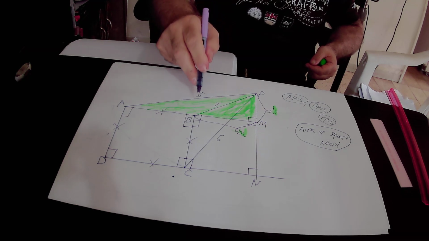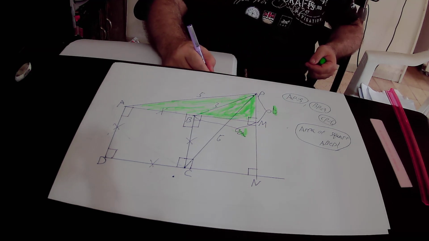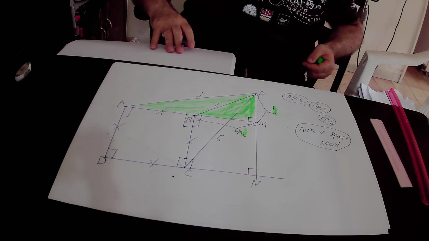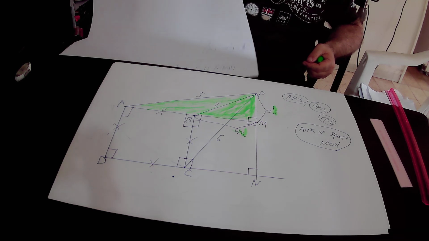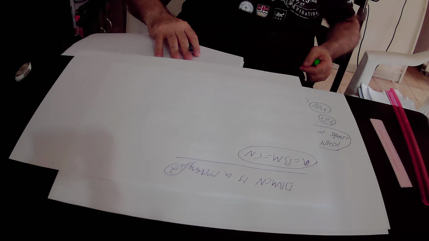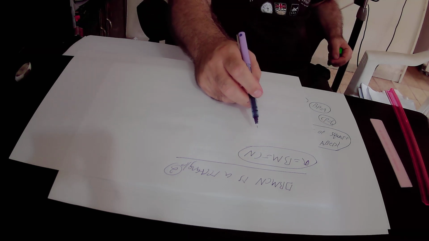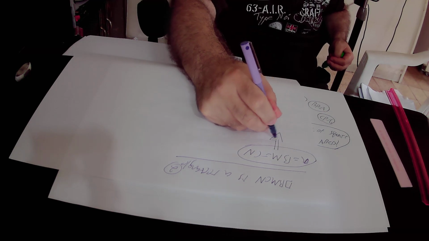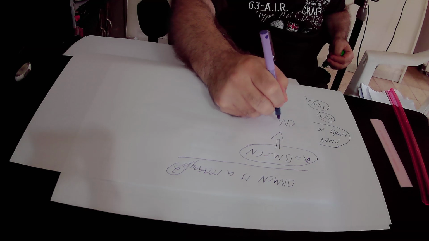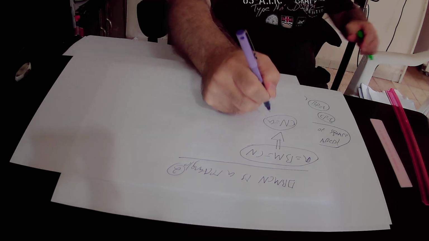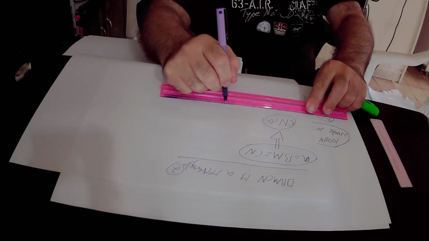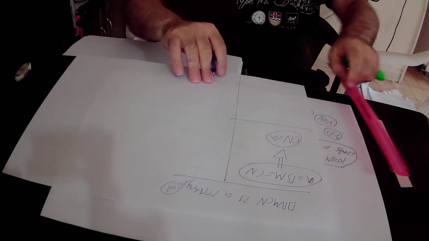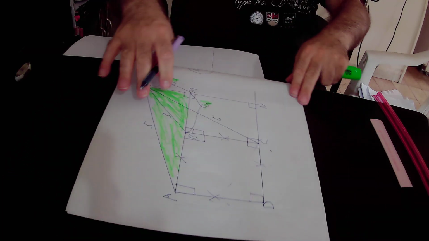But according to our definition, BM equals A. So you can write here that BM equals A. And from this equation, A equals BM equals CN, we derive that CN is also equal to A. So you can write down here that CN equals A.